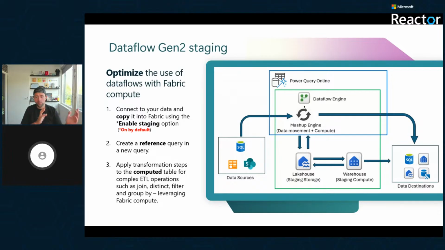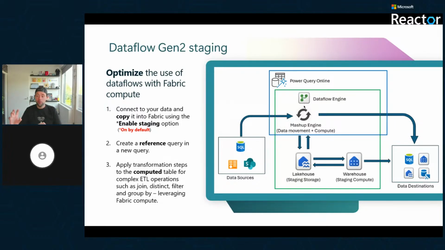So on the left-hand side, we're, for example, connecting to a SharePoint site where we have a lot of CSV files of some kind of business process that we are running. Then the mashup engine is basically contacting that data source and putting it into the staging storage. In this staging storage, we now have access to the warehouse staging compute.